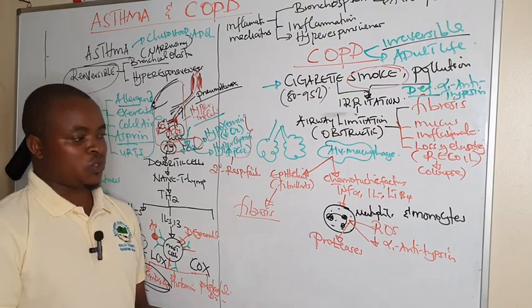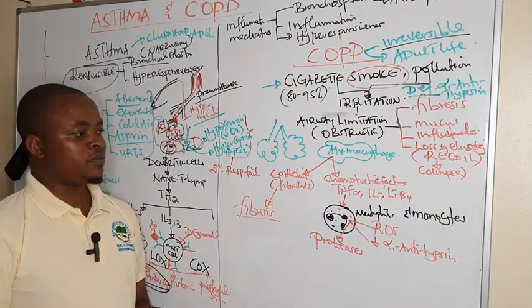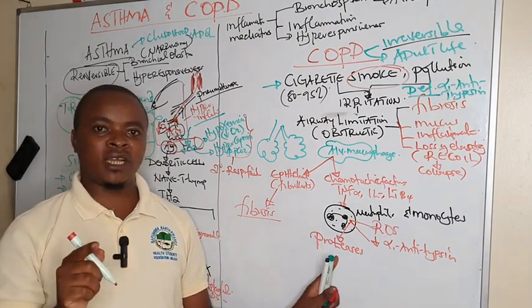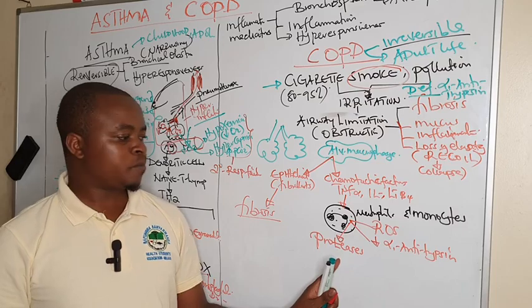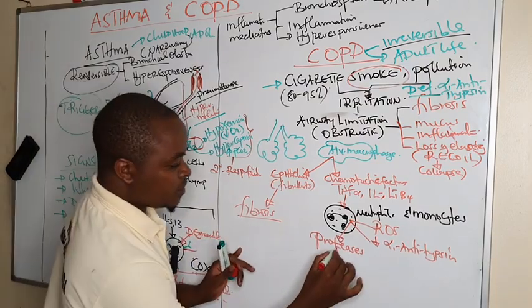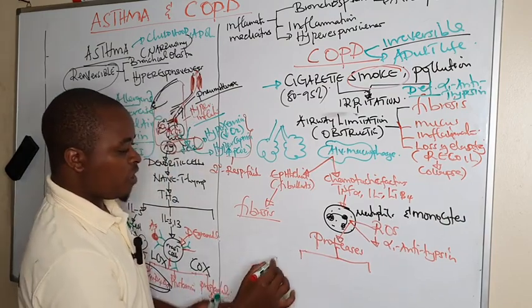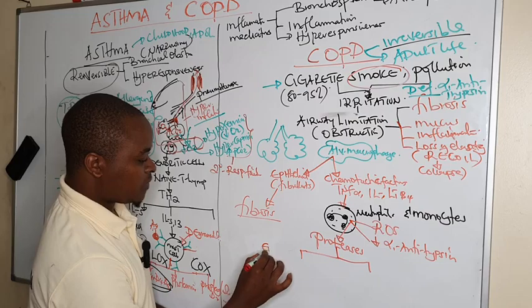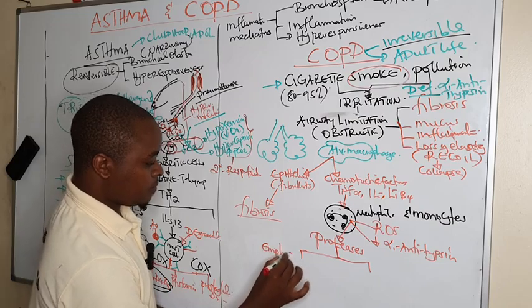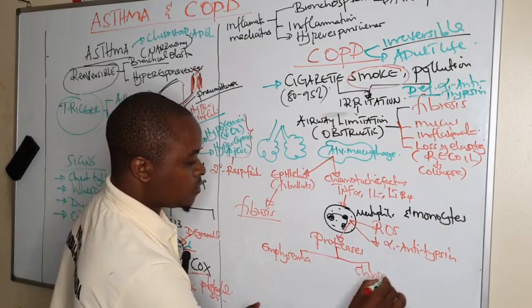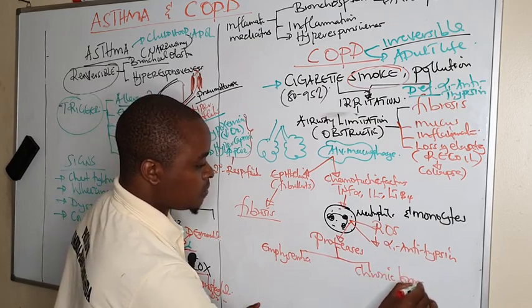So what happens in COPD is that these can cause either chronic bronchitis or emphysema. These result in two situations. One we call emphysema. Another one is chronic bronchitis.